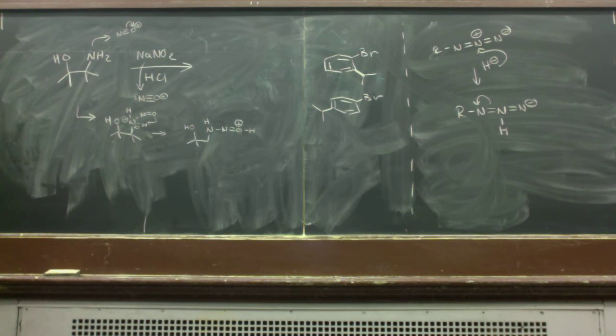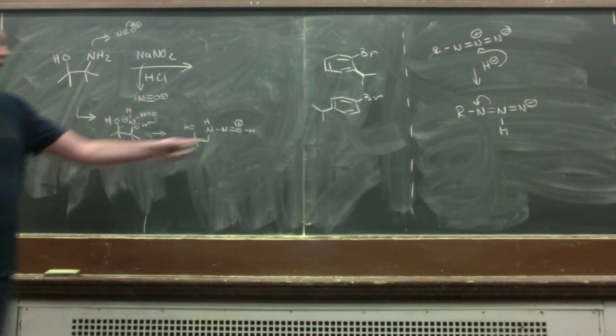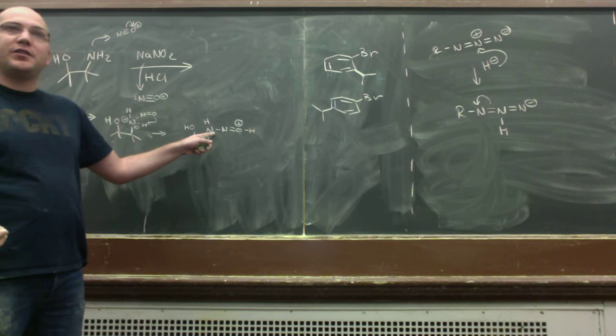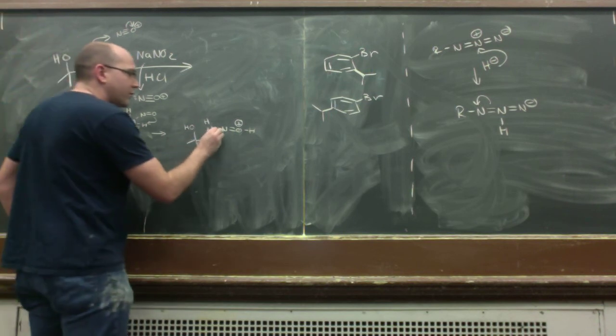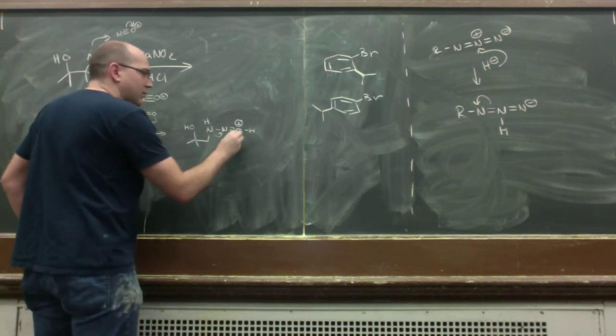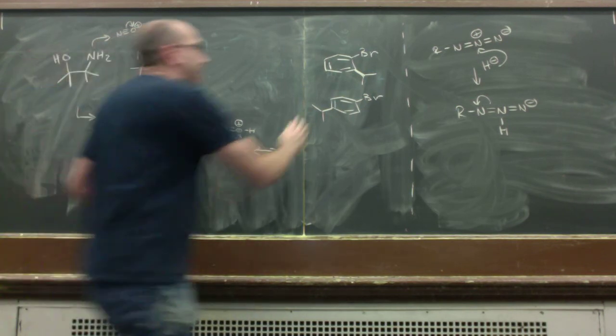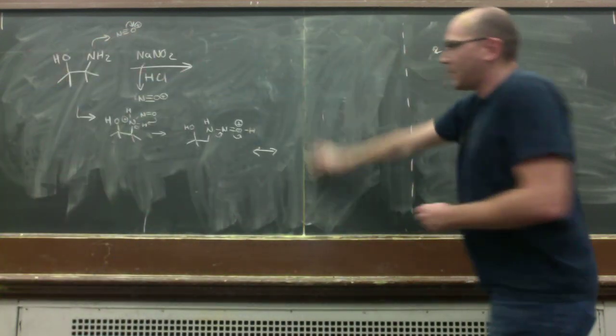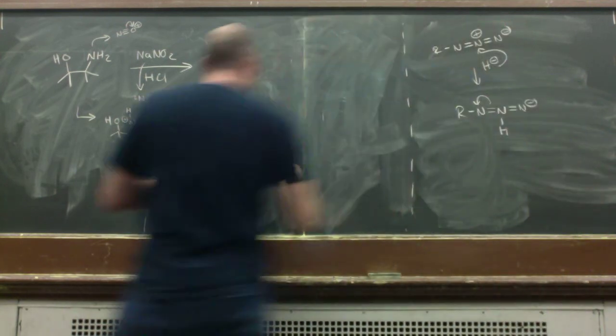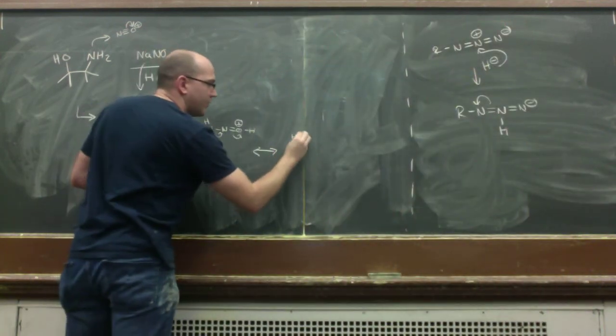At this stage, we can undergo the resonance to show that this positive charge on here can be shared with that nitrogen. So we can imagine a resonance form here. And again, there might be other ways to get here as well.